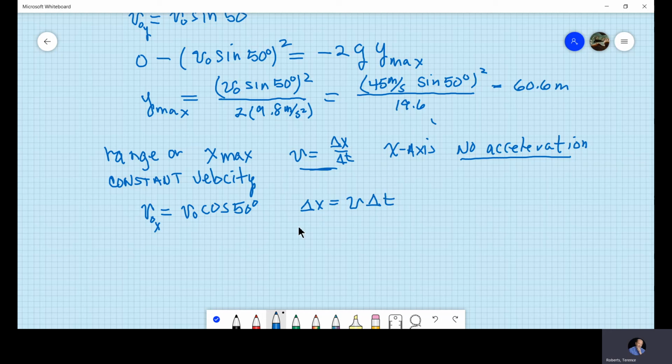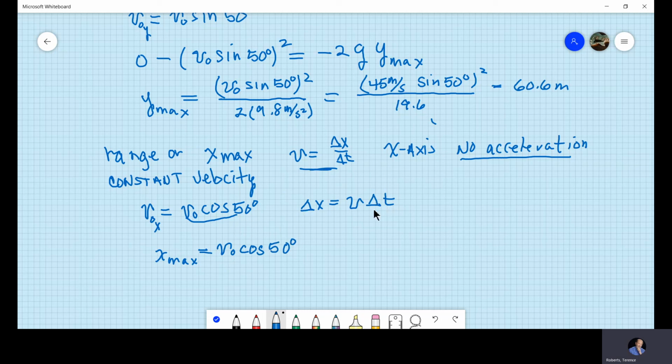Okay. So we just have to make sure that we substitute the v and the delta t with the right stuff. So this delta x right here is going to be the maximum x. I'm going to subscript it as maximum x. This velocity is going to be this right here, V sub naught cosine 50 degrees.